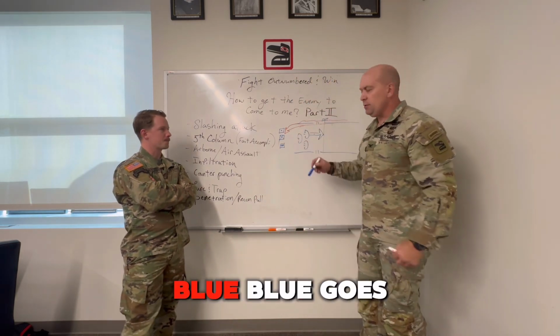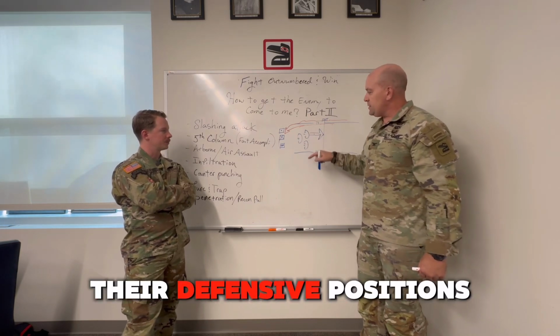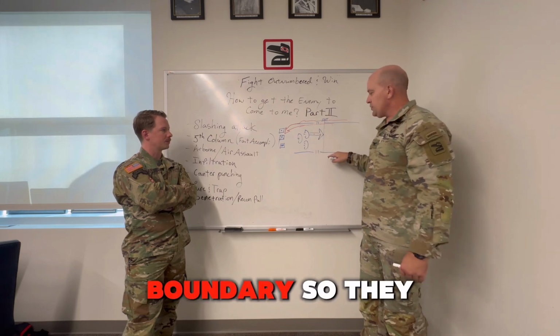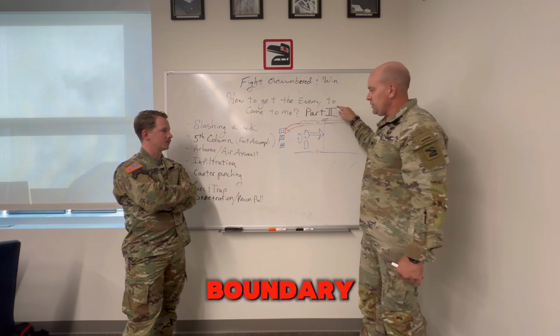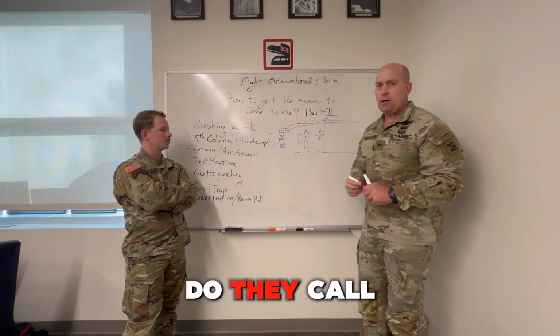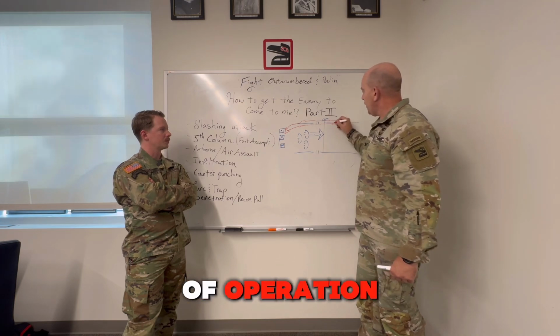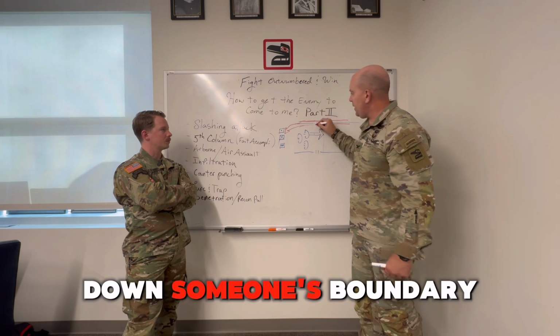So imagine you're blue. Blue goes on a defense, in their defensive positions. Of course, like everybody, two up, one back. They set up their boundary: here's this battalion boundary, here's that battalion boundary. What the Russians call the slashing attack is when they align their line of operation, their attacking line of operation, to run straight down someone's boundary.